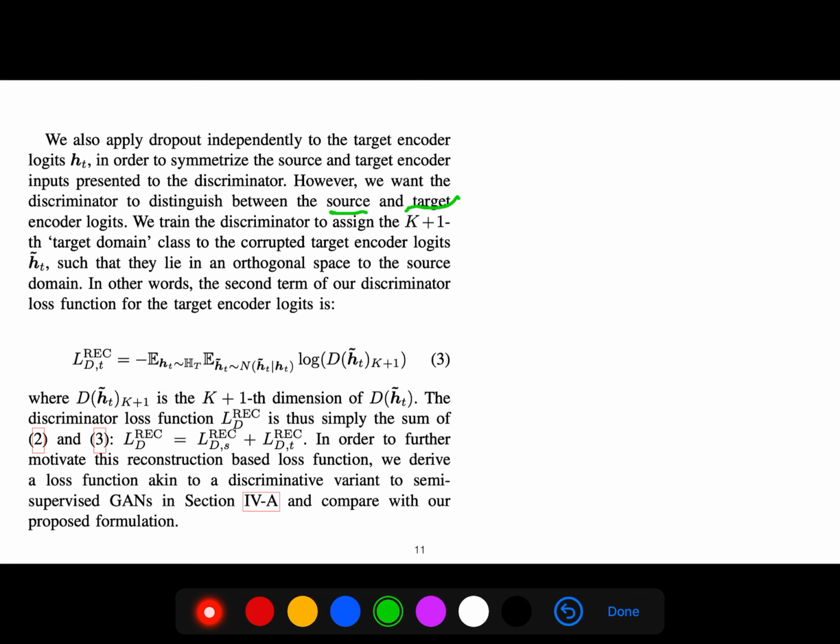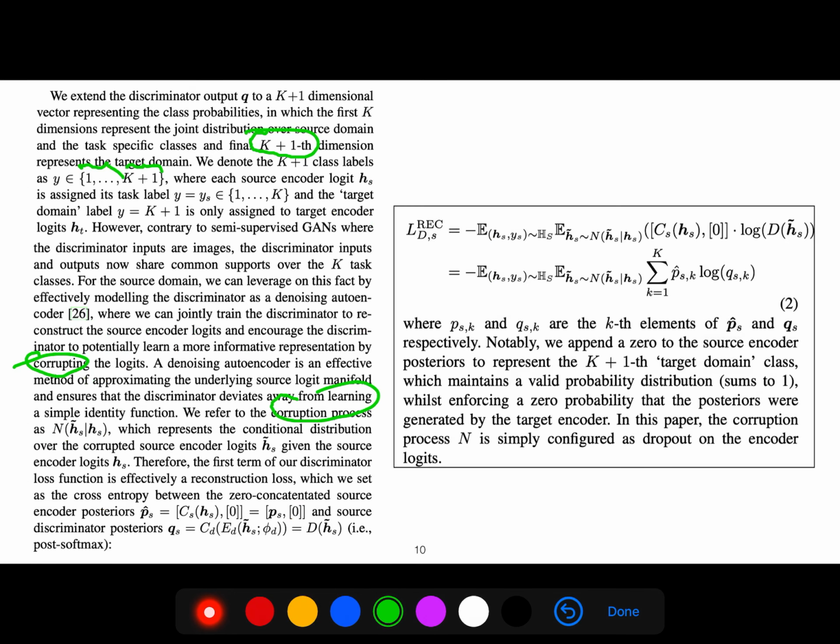In other words, the second term of our discriminator loss function for target encoder logits is this one, a double expectation. So D here is just the k+1 dimension of D, and this discriminator loss function is thus simply the sum of 2 and 3.